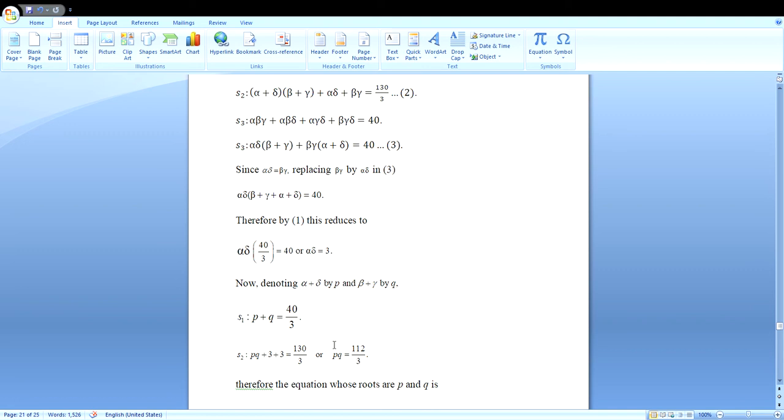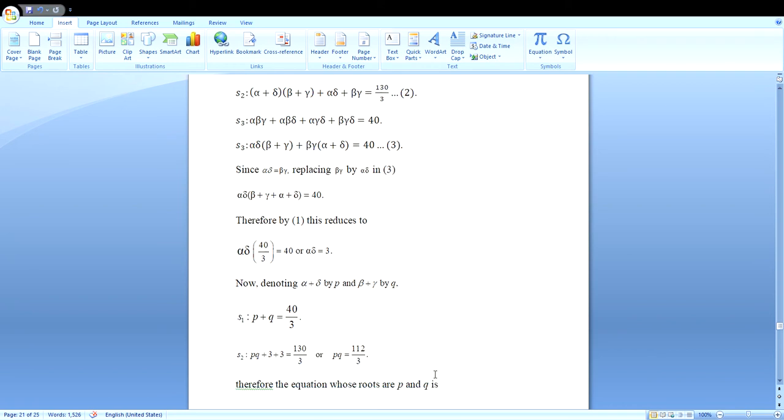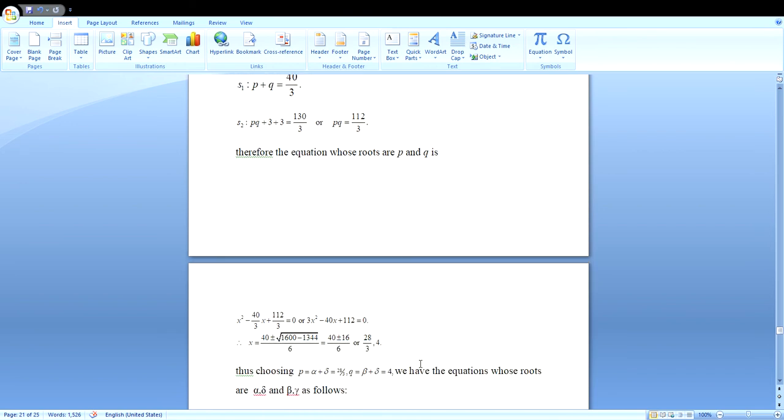In S1 we substitute the value, that is nothing but P plus Q, therefore it is 40 by 3, and for S2 when you substitute the values you will get PQ plus 3 plus 3 equal to 130 by 3. Simplifying again, you will get PQ equal to 130 by 3 minus 6, which is 112 by 3. Therefore, the equation whose roots are P and Q is given by x square minus 40 by 3 x plus 112 by 3 equal to 0.